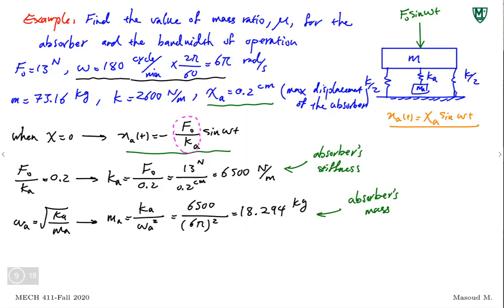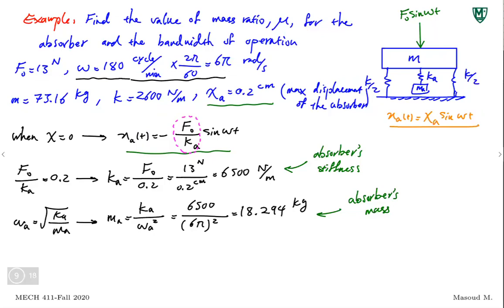So now, if you add a mass of 18.294 kilograms to the primary structure using a spring with the stiffness of 6,500 Newton per meter, you can absorb the vibration for this specific input excitation, which is an excitation with 13 Newton amplitude and 6 pi radian per second frequency. And you're going to stay within the limit. The amplitude of your absorber is going to stay within 0.2 centimeters. It goes up and down. That's how we design this absorber.